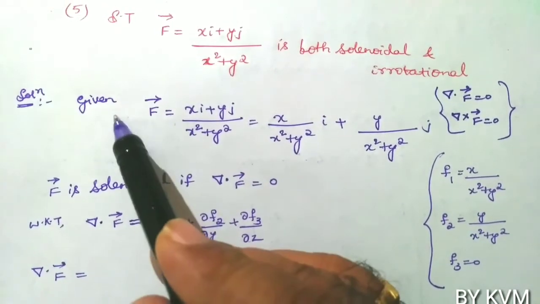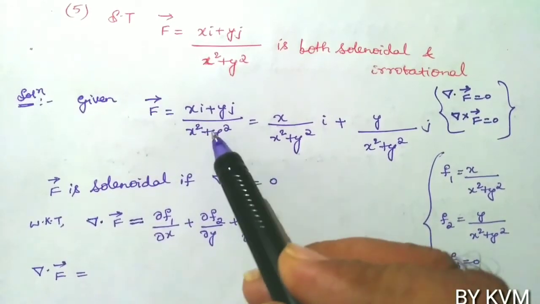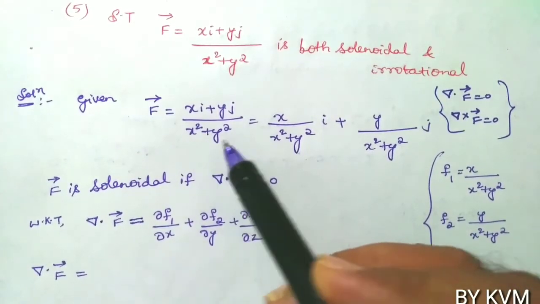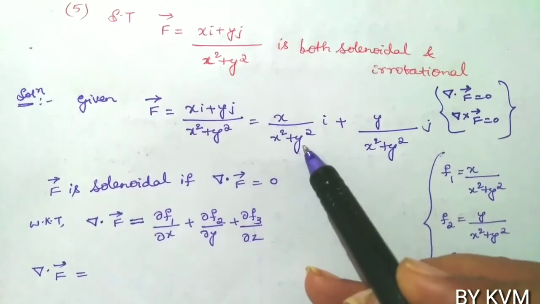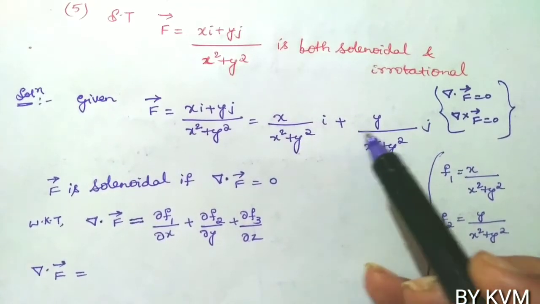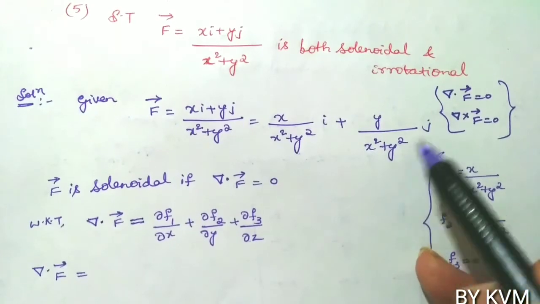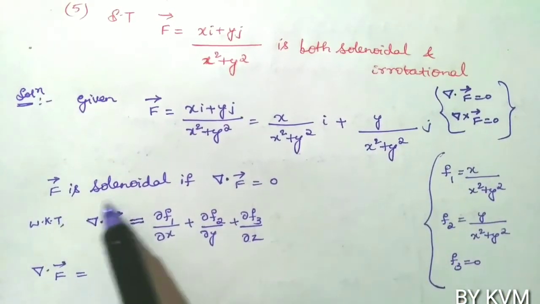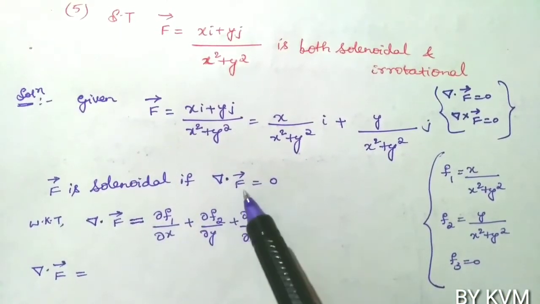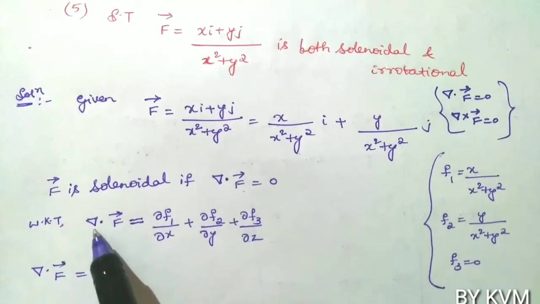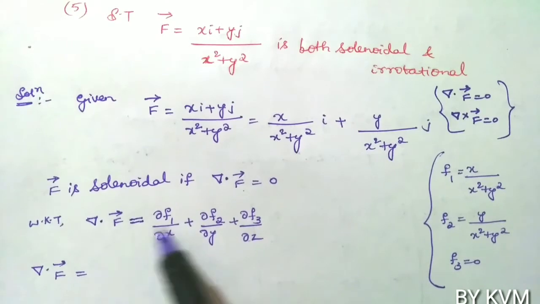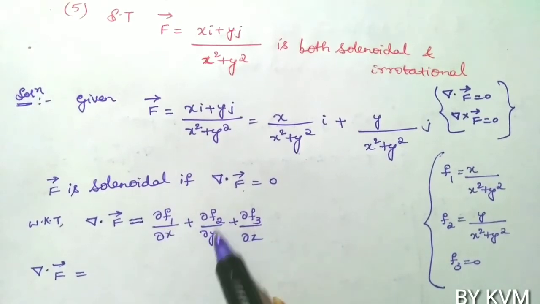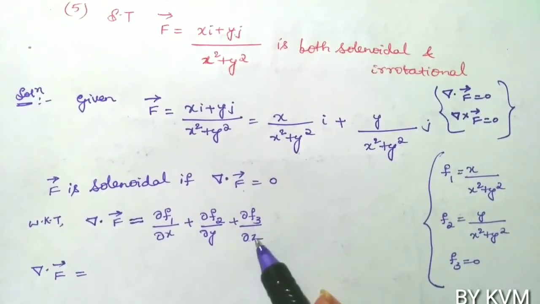So now given vector f is (xi plus yj) by (x square plus y square). Now split the numerator. So x by (x square plus y square) into i plus y by (x square plus y square) into j. So vector f is solenoidal if del dot vector f equals 0. So we know del dot vector f is the divergence: ∂f1/∂x plus ∂f2/∂y plus ∂f3/∂z.